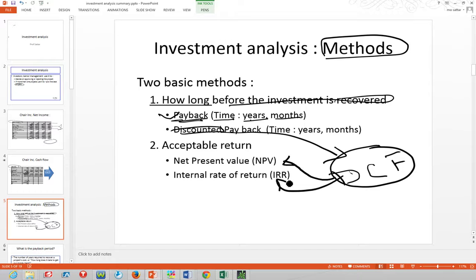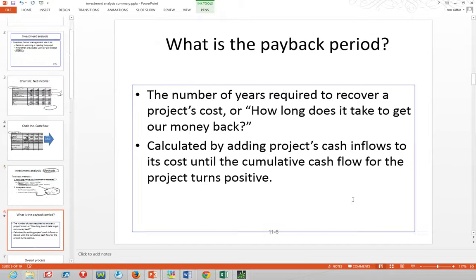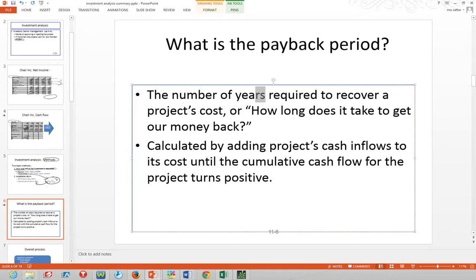In this presentation I will explain what they are, and with some simple numbers we will do some calculations, and then you can practice on your own and also apply it to the MaxInc analysis. Okay, so what is a payback?